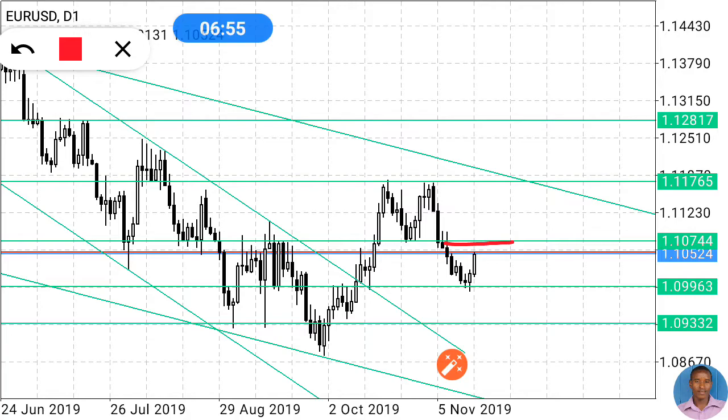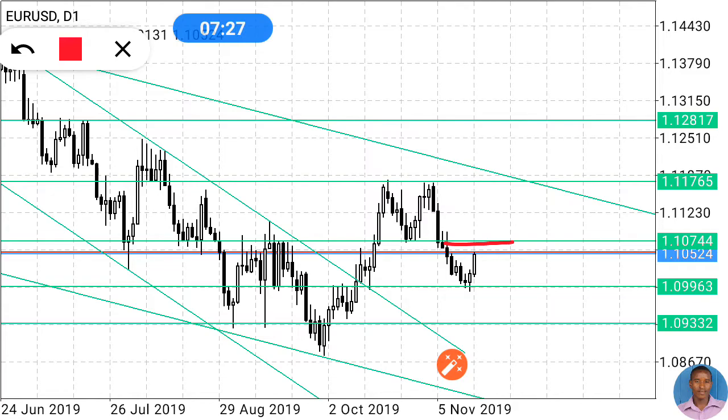And what I'm expecting this price to do in the following week, maybe on Monday or Tuesday, is that the price will need to touch that horizontal line that is indicated by the red indicator. The price may need to touch that area, and if the price touches that area, it either breaks it or closes below that area.